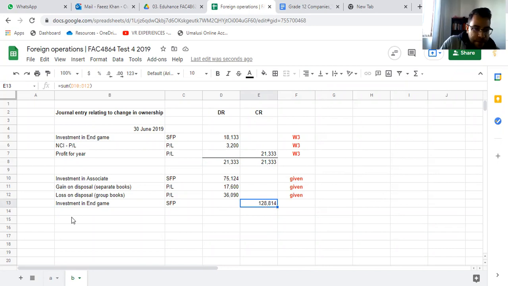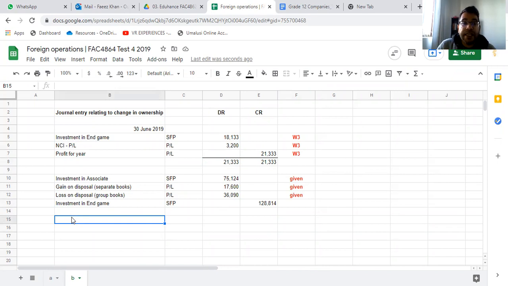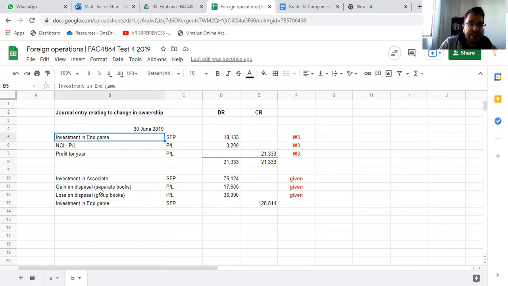Now, there are some more journal entries we need to process. What you must know is the following. I'm taking it all separately to investment in Endgame. In their journal, they have a combined journal entry. So all of the journal entries I'm going to do, they would have in one.